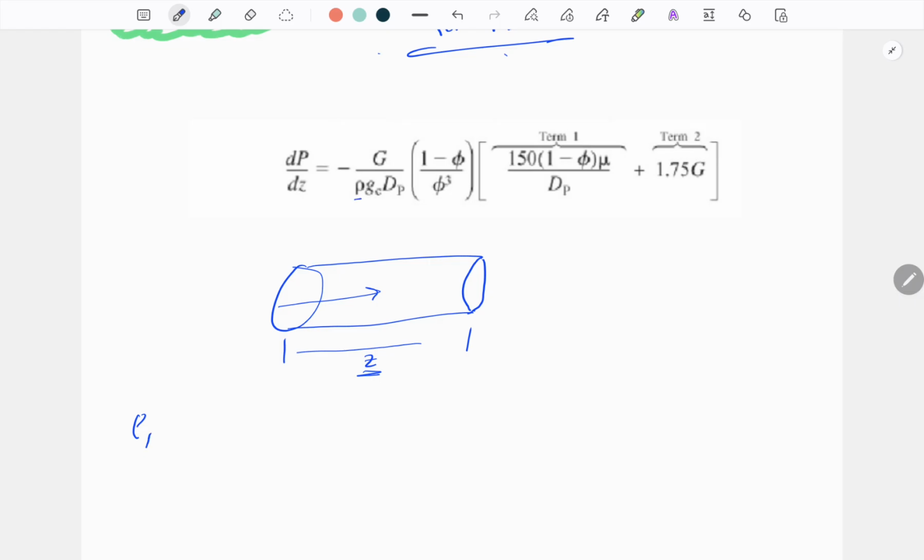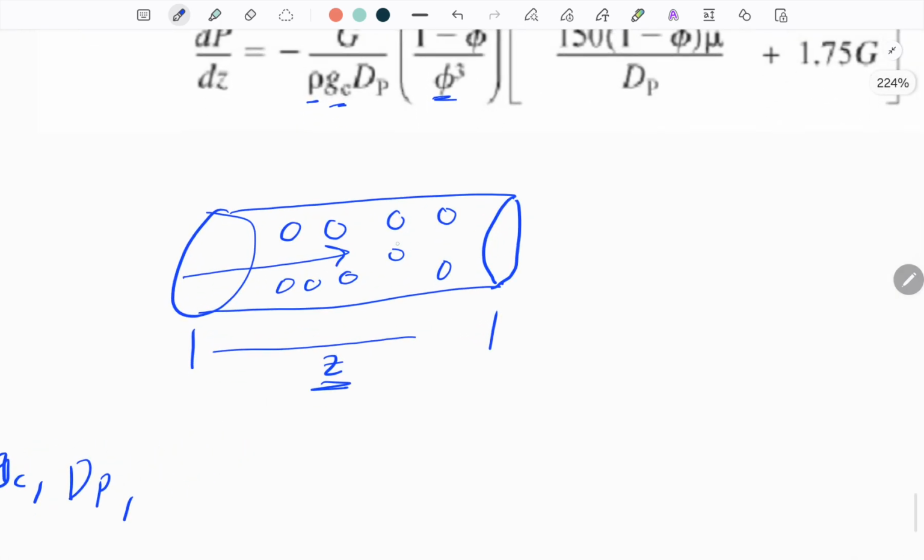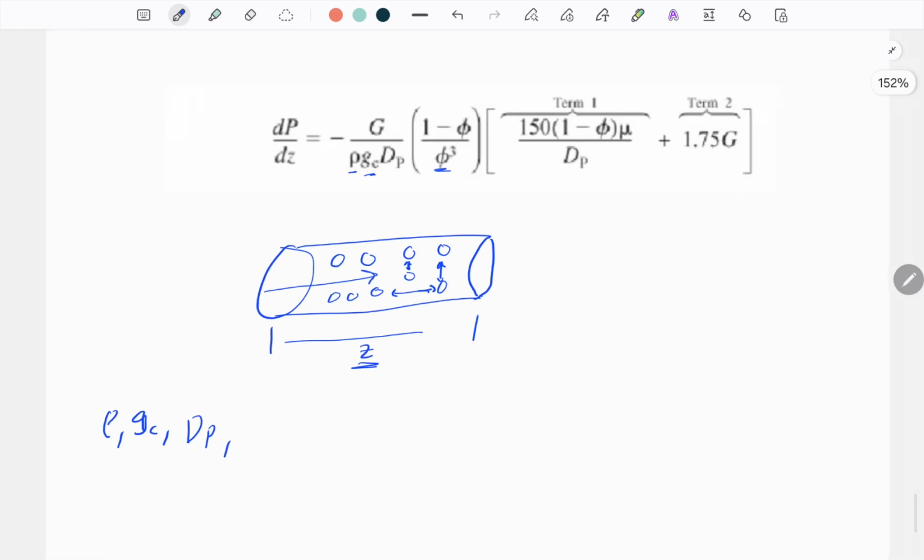So some of the factors that are used in the Ergun equation are density, which is right here, gravity, this term here, the particle diameter, which is the diameter of the packings or the catalysts inside the reactor, the void fraction, which is basically the distance between the packings. Okay, that's the void fraction.